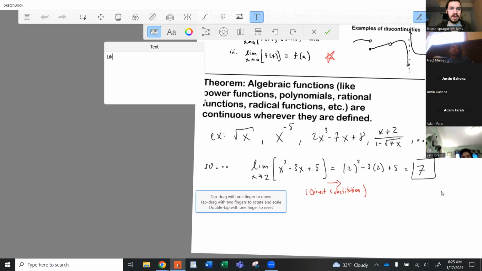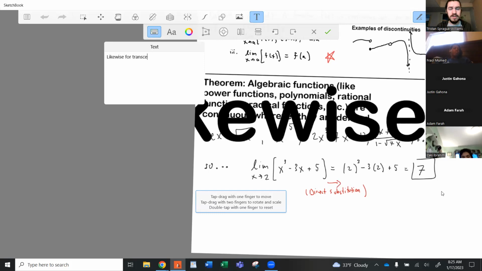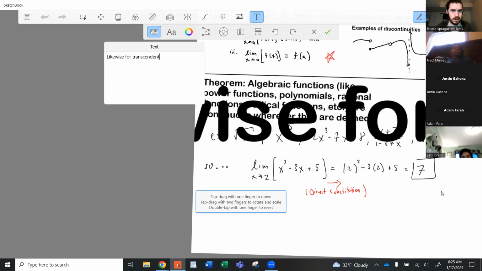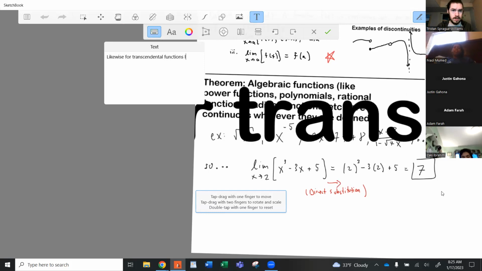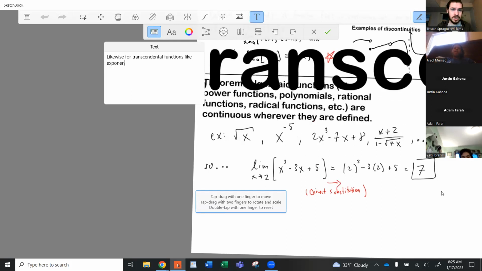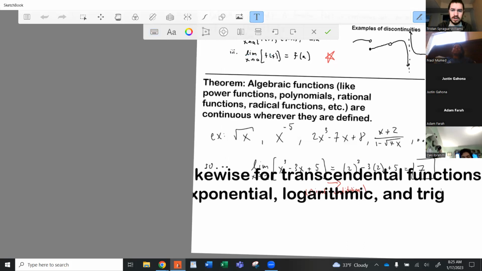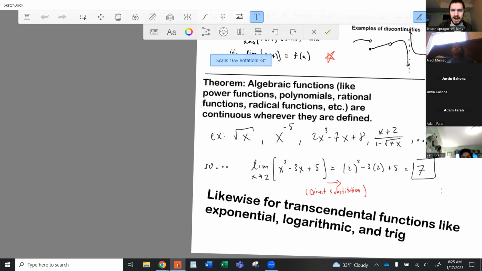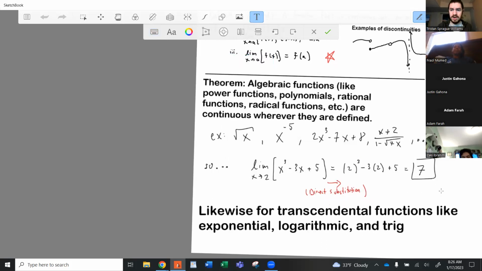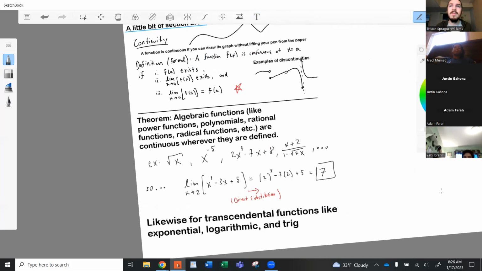The last thing I want to say here is, the other types of functions you've studied, transcendental functions like exponential, logarithmic, and trig, also have the same property: they're continuous everywhere they're defined.